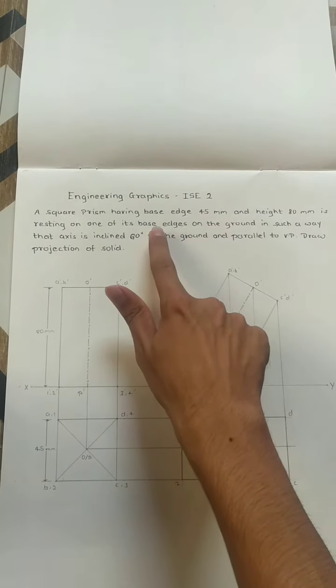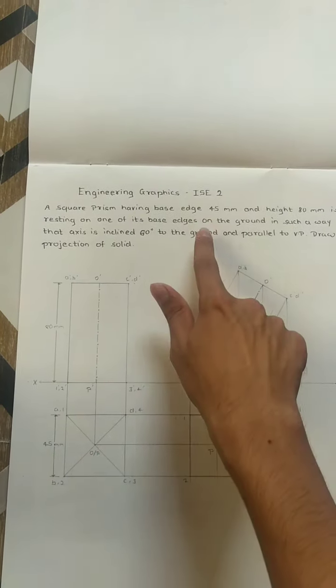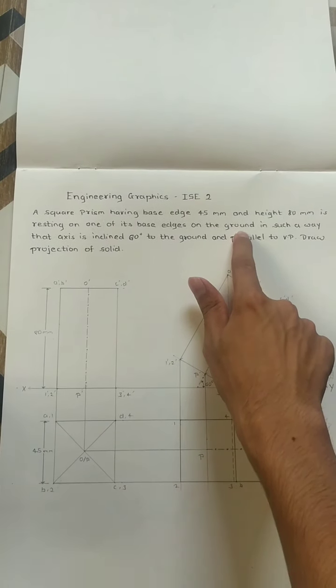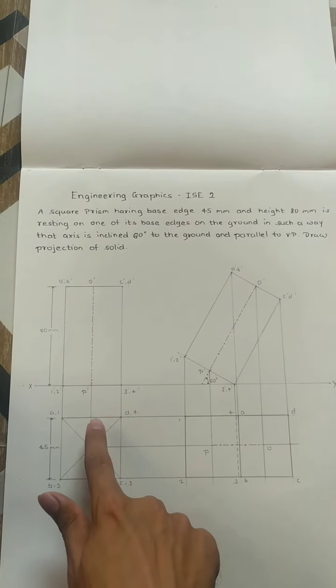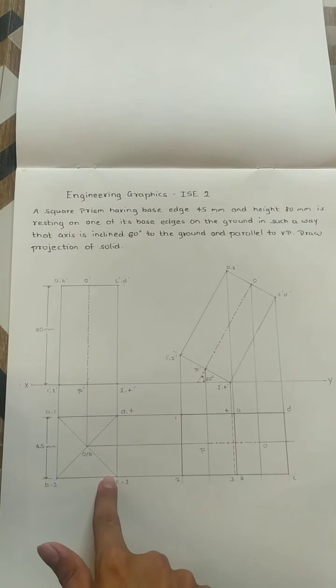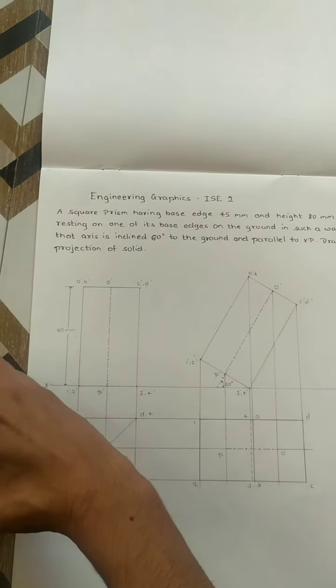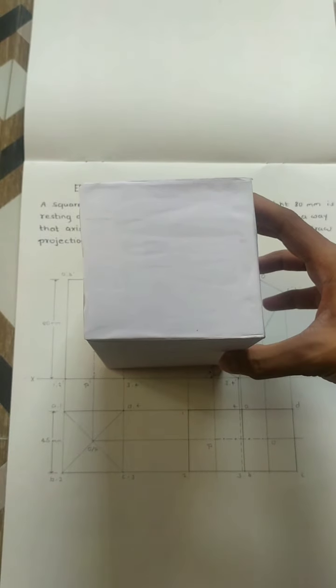So as it is resting on a base edge on the ground, it means on the HP. This is the horizontal plane and this is the vertical plane, and the square prism is resting on the HP.